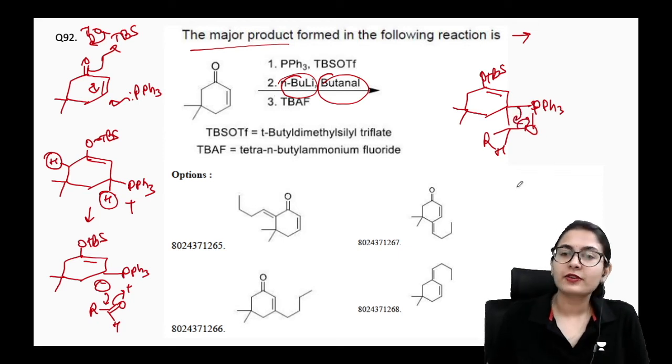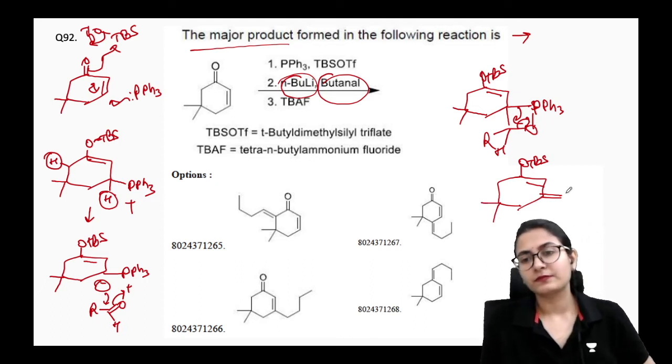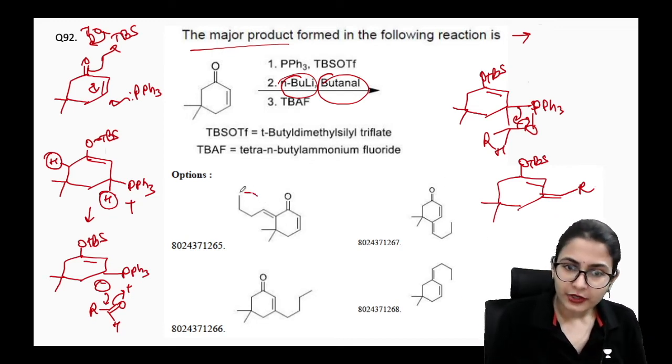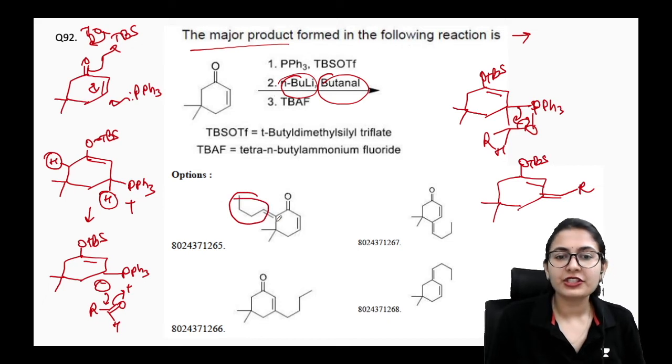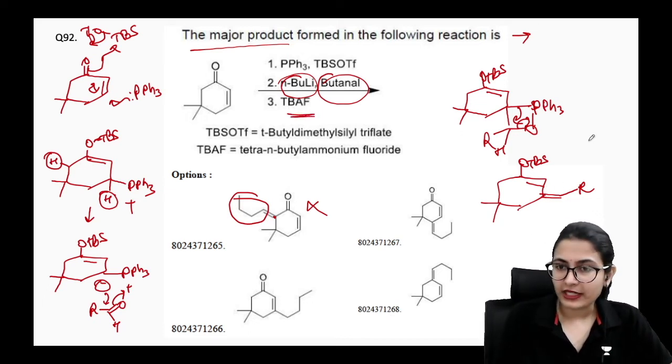All right. So you're going to get a double bond on this side, having the R group. That is your butanal chain basically. So you are not going to make the mistake of addition onto this carbon. It is absolutely wrong. You are going to add it over here. And after the TBAF, what is the F minus going to do? It is a fluoride source.